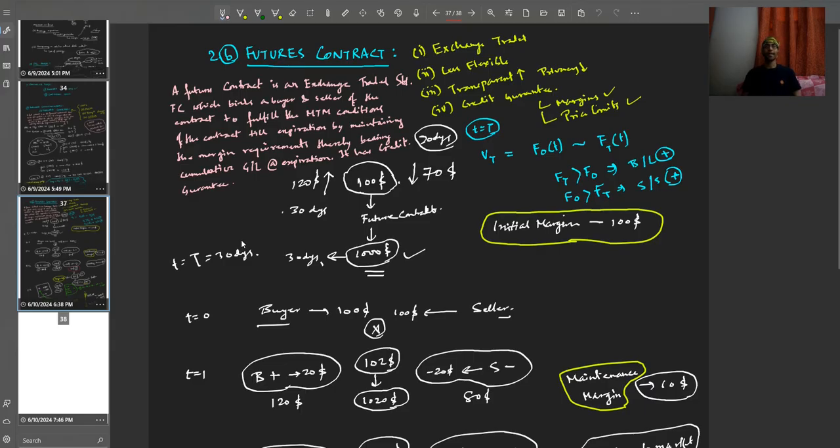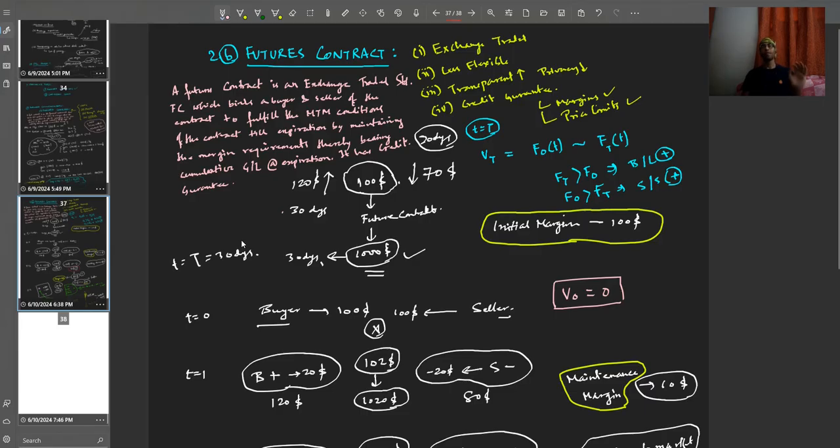The answer is the initial exchange of the initial value is 0. There is no exchange, both in case of a futures contract and in case of a forward contract. At t equal to 0, the exchange or the value of the contract is 0.